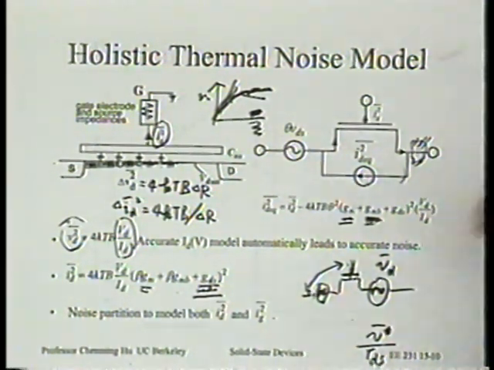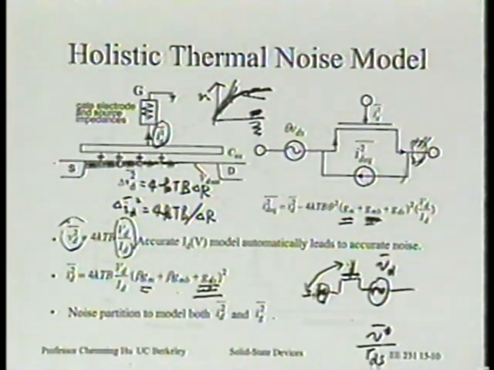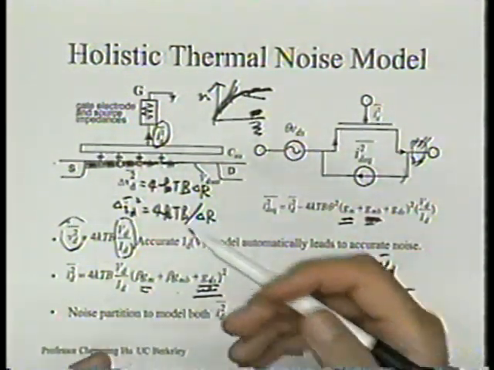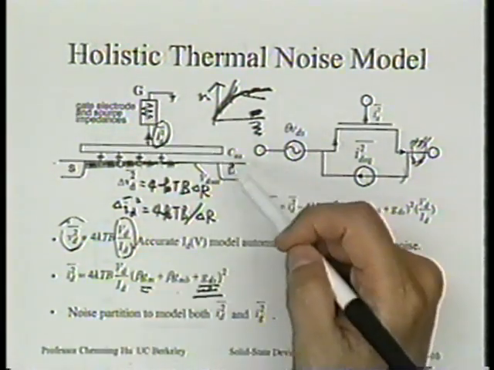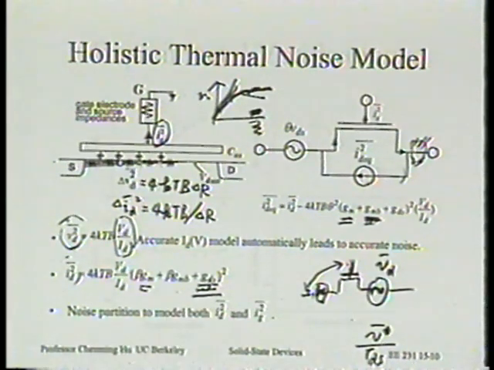Now we have a gate noise voltage, and that gate noise voltage is going to produce a drain noise current through GM. Right? So this is a very complex thing to model. This is called the gate-induced gate current noise.